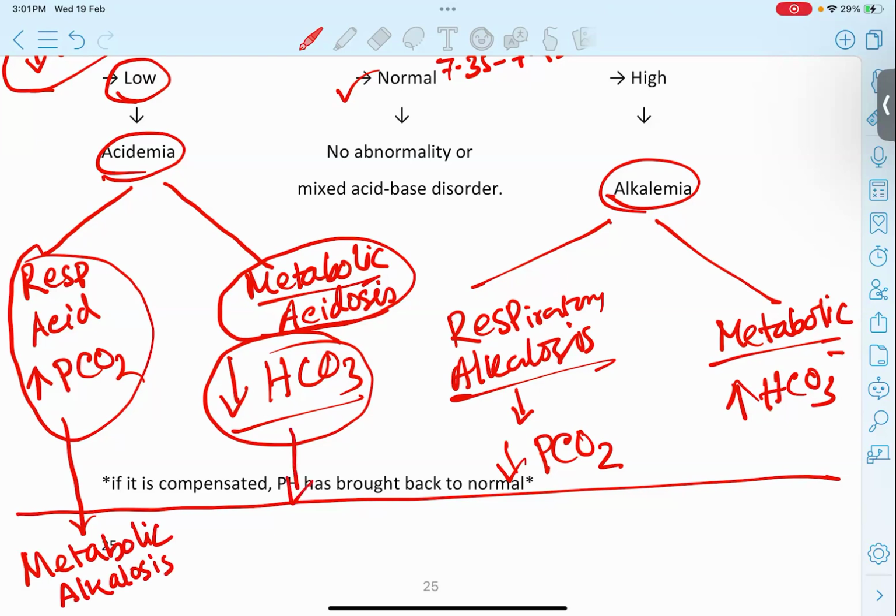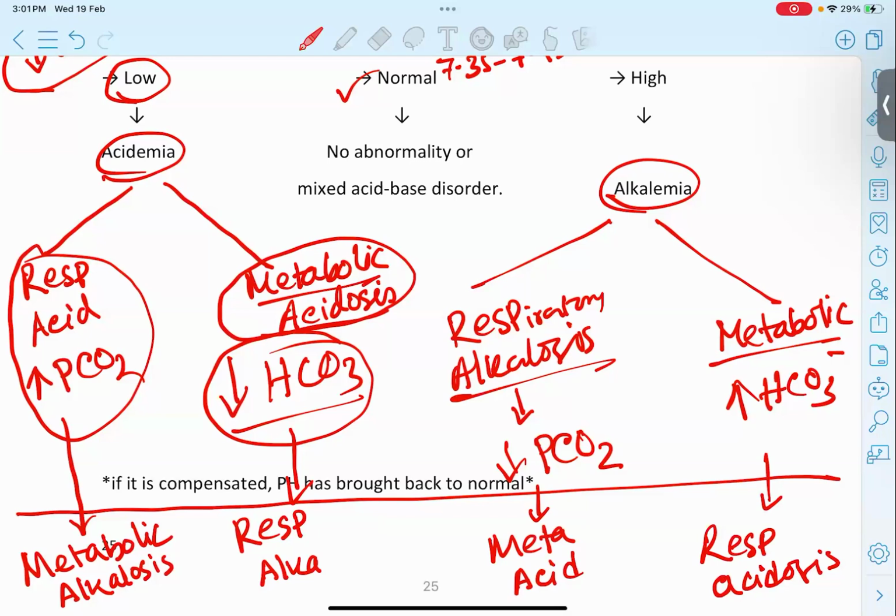Same thing, in metabolic acidosis, compensation will be done by respiratory alkalosis. In respiratory alkalosis, compensation will be done by metabolic acidosis. In metabolic alkalosis, compensation will be done by respiratory acidosis.